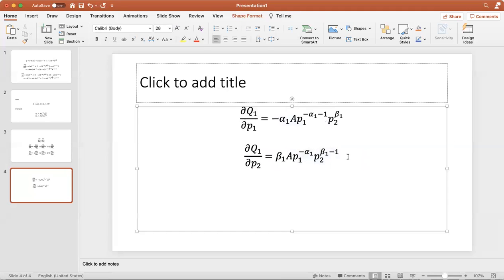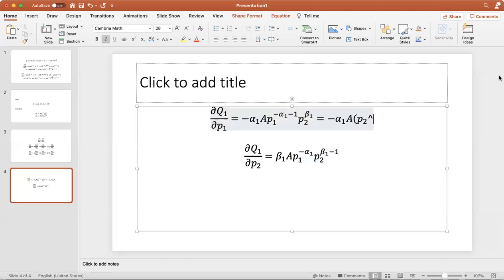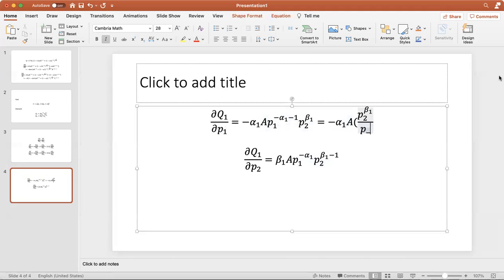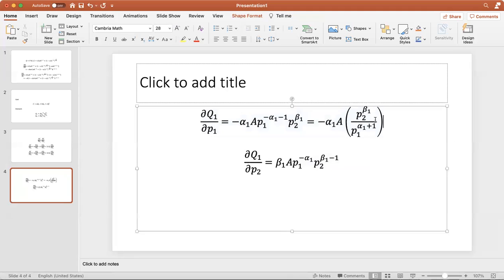If you're more comfortable with this expression, you can just say negative alpha 1 a, P2 to beta 1 over P1 to alpha 1 plus 1. We just transformed P1.